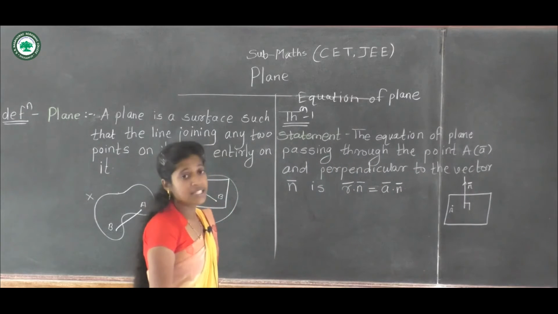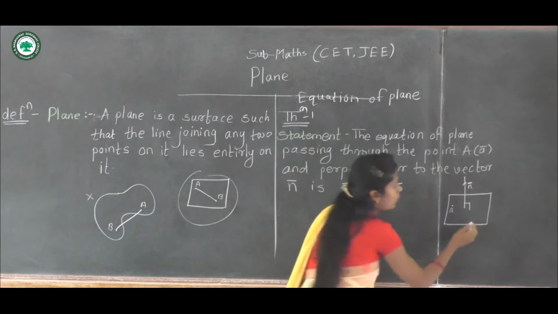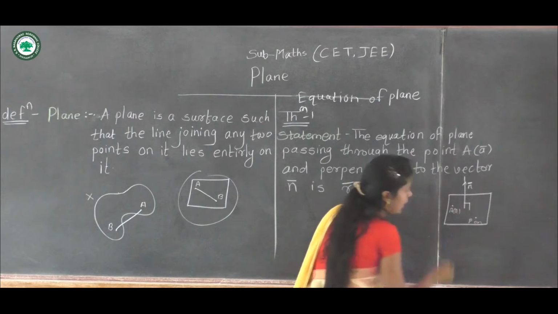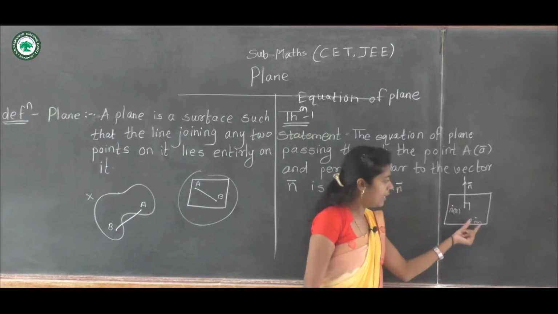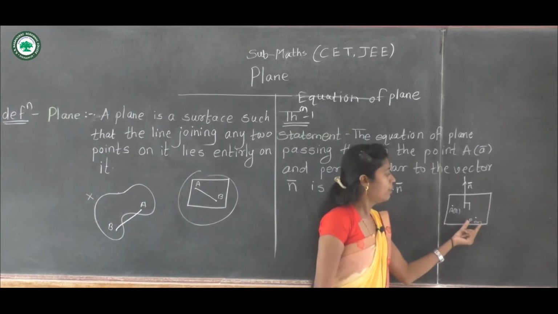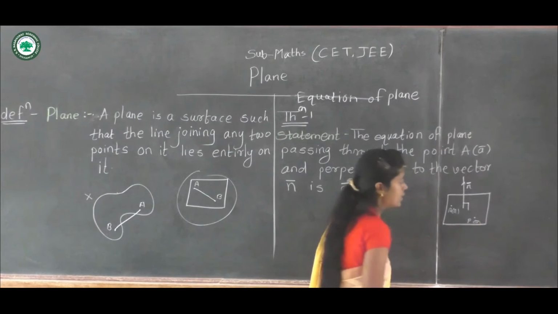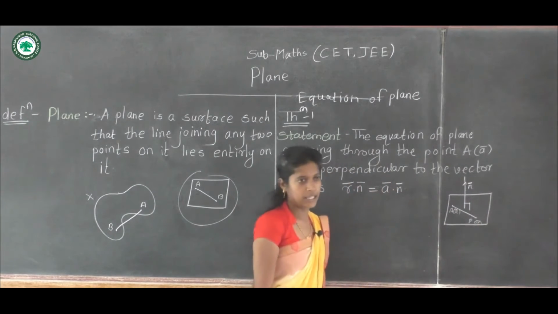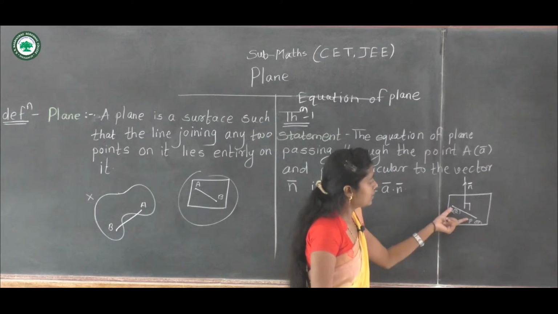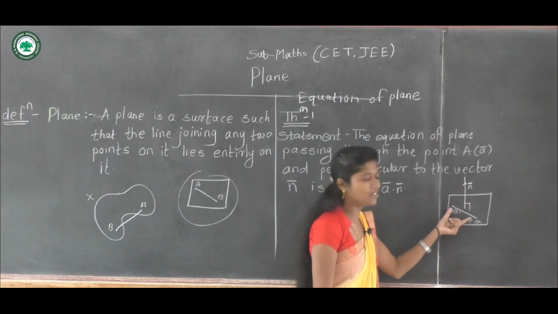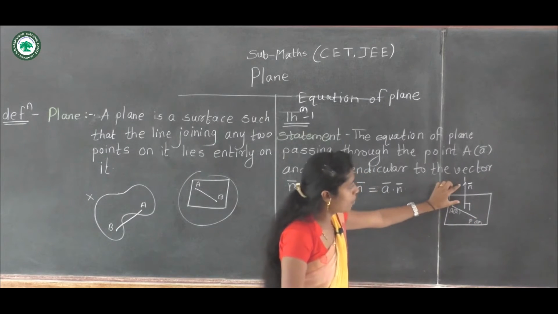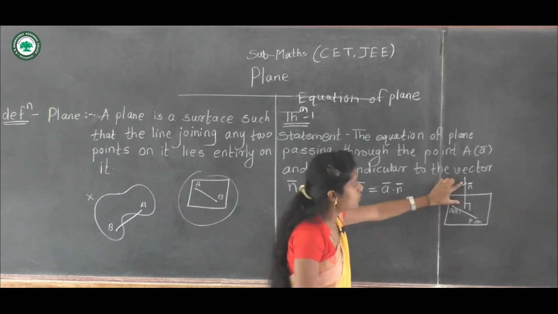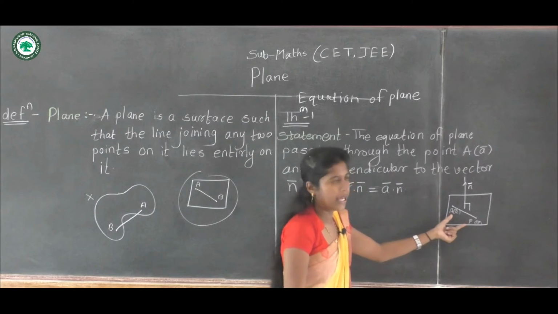Secondly, we take another point P of r bar. The first point is A of a bar, and the second is any point P of r bar on this surface. Join these two points. This line segment is on the plane, and we know that the normal n bar is perpendicular to the surface. Therefore, the normal is also perpendicular to AP.